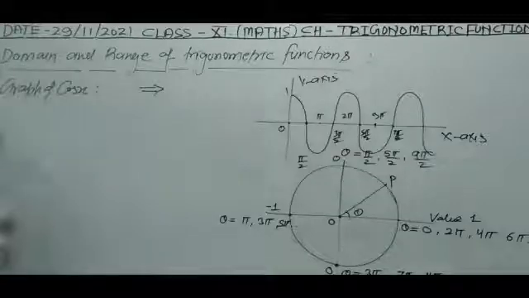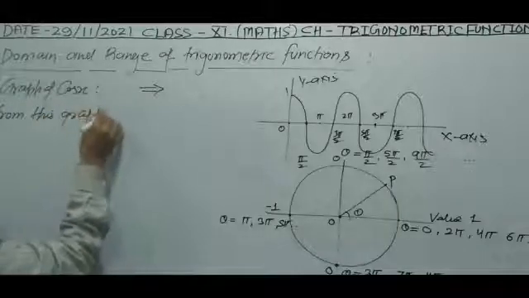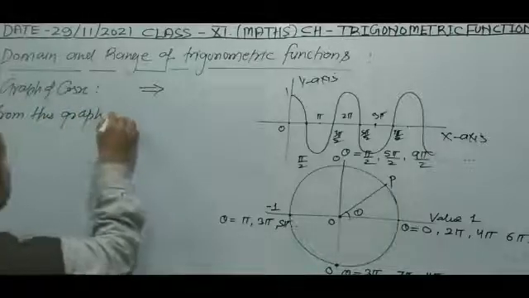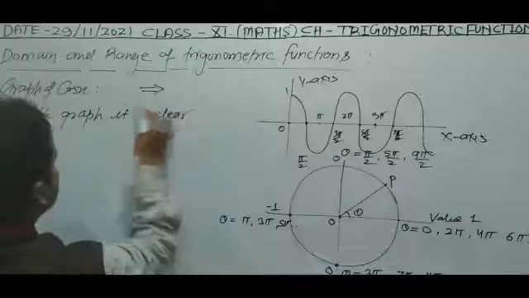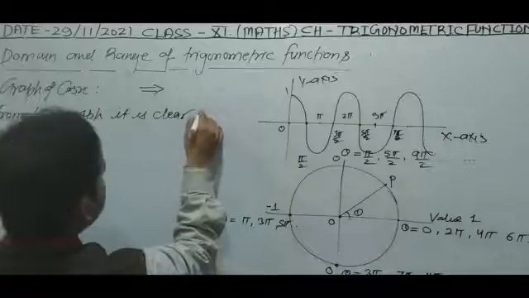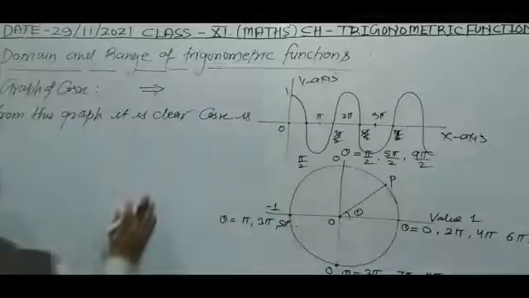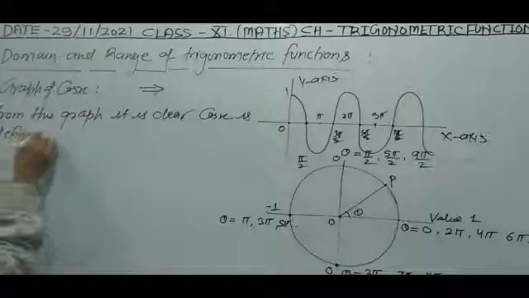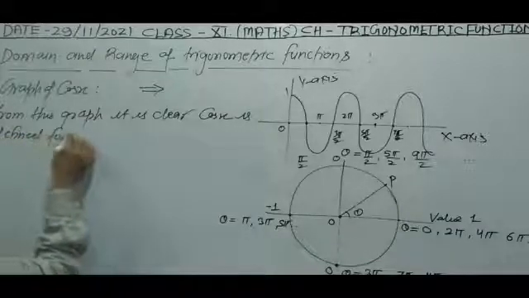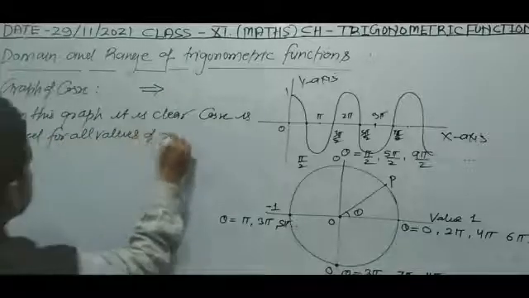Now from this graph, it is clear cos x is defined for all values of x.